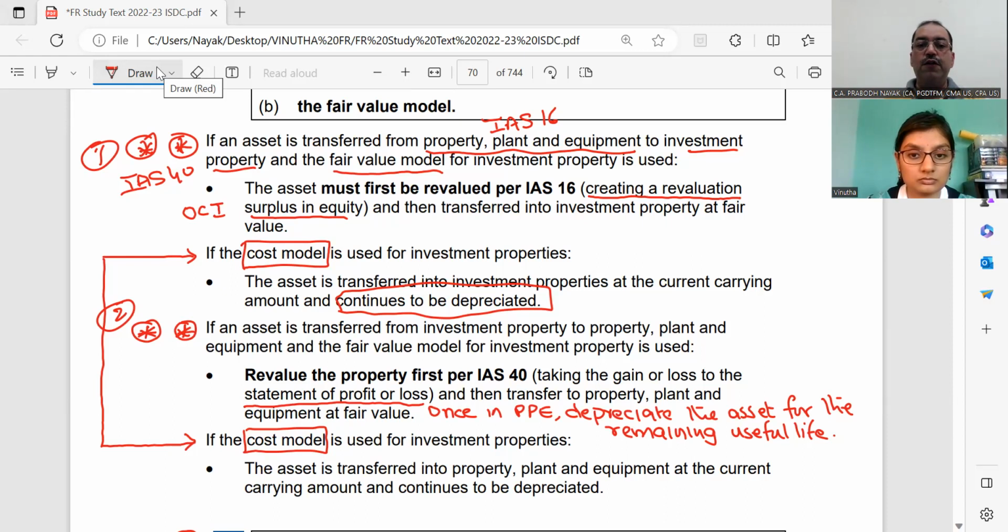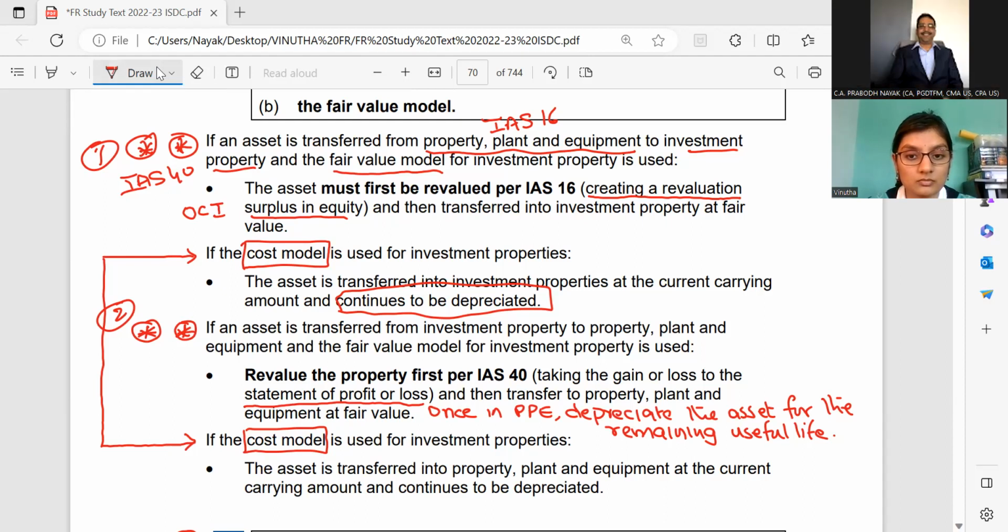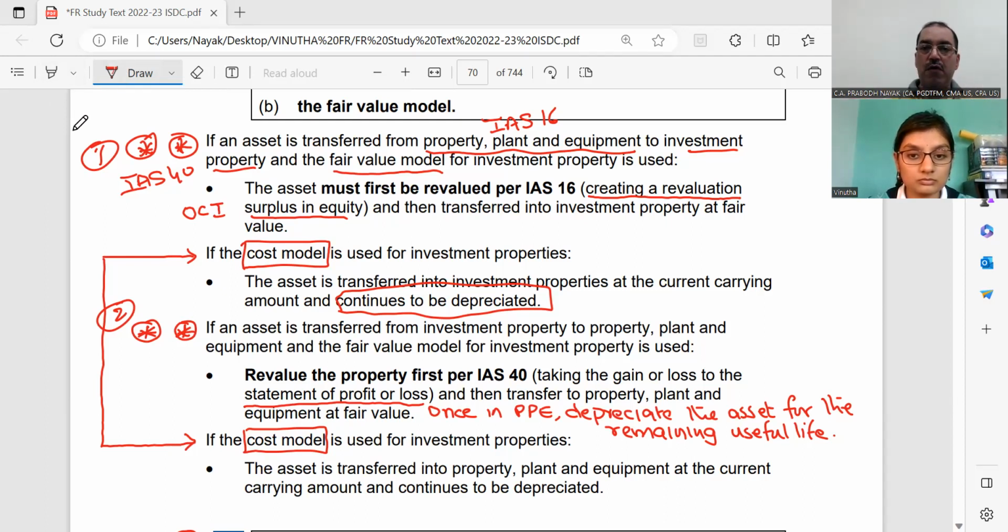If the cost model is used for investment purpose, the asset is transferred into investment property at the current carrying amount and continues to be depreciated. Because if it is the cost model and it is first IAS 16 transferred now to IAS 40, whatever depreciation was being calculated there, the same amount of depreciation will now be calculated here also. That means depreciation will continue.